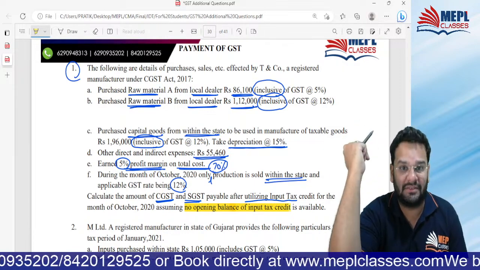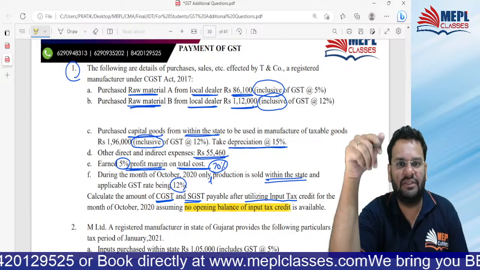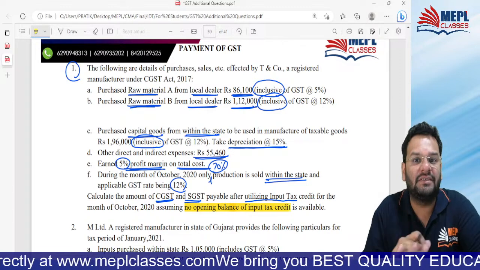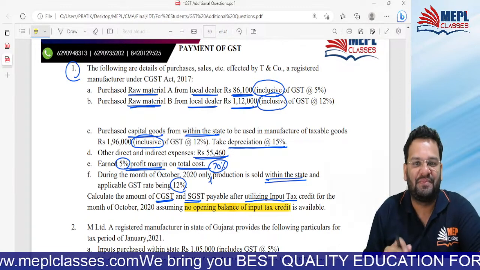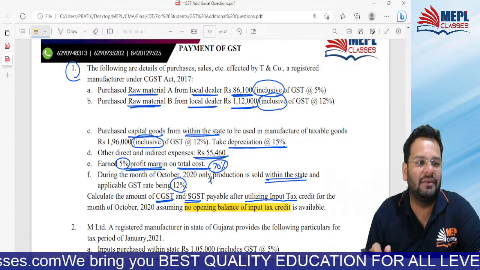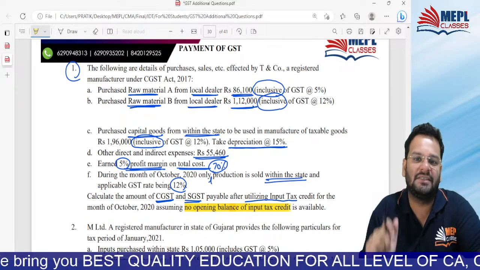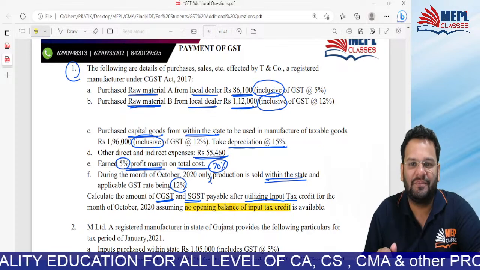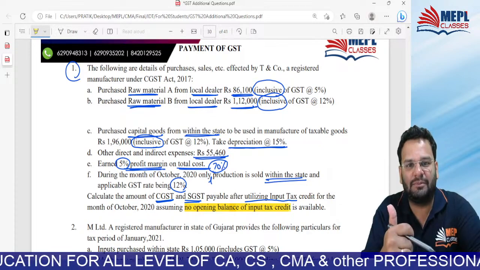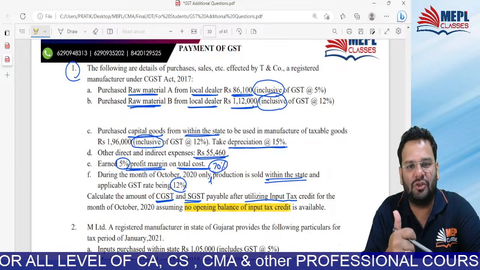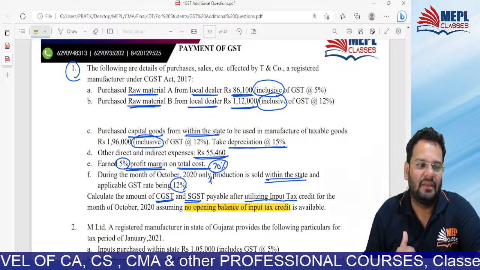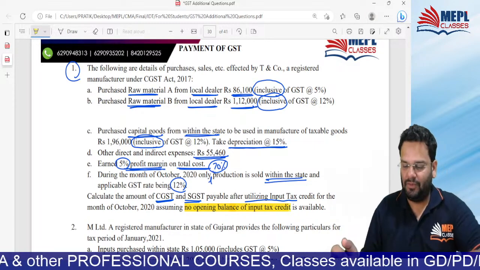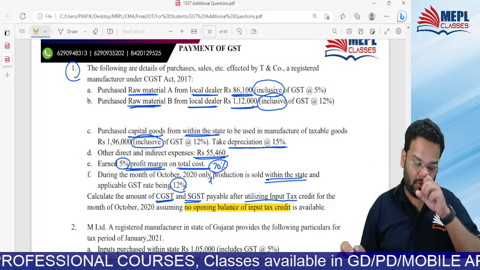The difference between the earlier question and this question is that the sale price is not directly given. Assessable value is not directly given. We will have to compute the assessable value. Did you get the point? When we compute the assessable value, we will be in a position to get output tax, and of course, we can find out ITC. So let's do it.